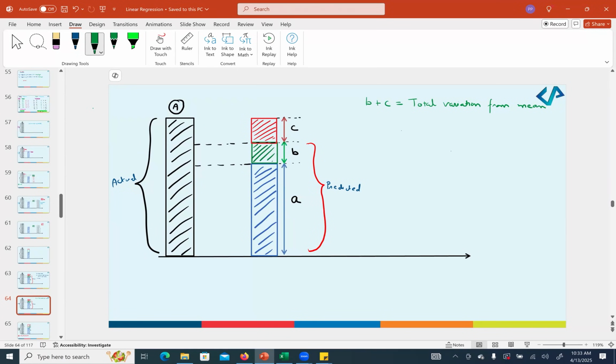How much the height is varying from the mean, and there can be many reasons because of which it might be varying. A lot of different things influence someone's height. Someone's height can be more than the mean, someone's height can be less than the mean. But this is my total variation from the mean, B plus C. B is, out of this total variation, how much variation is explained by my model. Variation explained by the model.